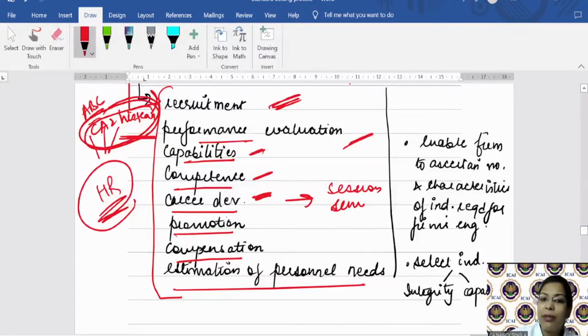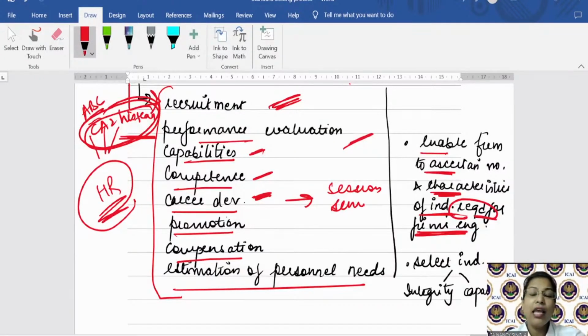देखो, it will enable the audit firm to ascertain the number and characteristics of individual required for the firm's engagement. If the audit firm is having policies and procedures with respect to all these HR functions, first of all, the audit firm will be able to ascertain what is the number and characteristics of the individual, the resources that we require.